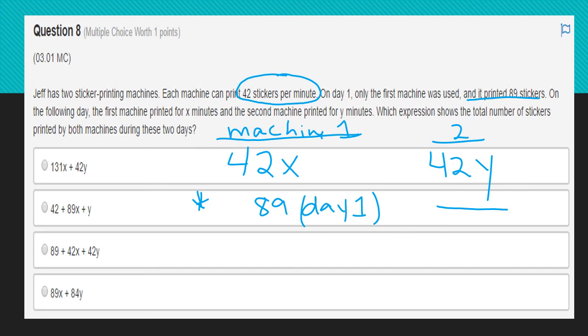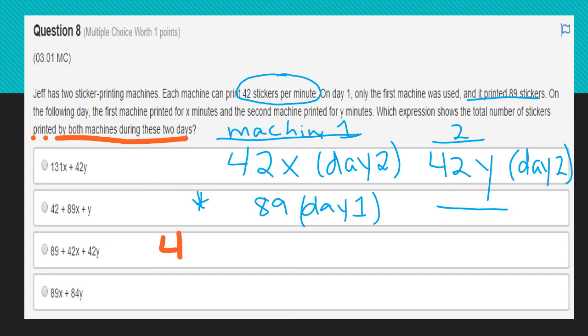Now if we look on day 2, this represents day 2. And here represents day 2 because both machines were working. So if we want to write this out as an expression, we just want to add everything up to find our total because we want to know how much we did for both days.